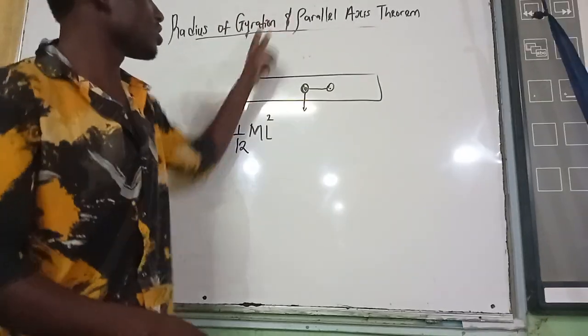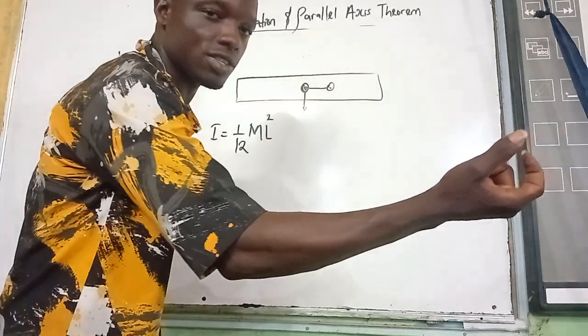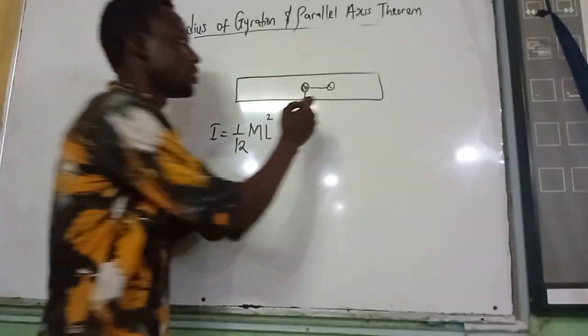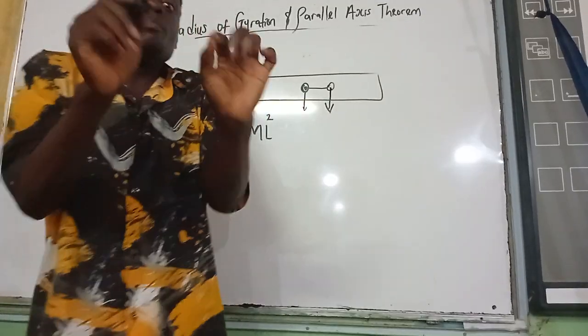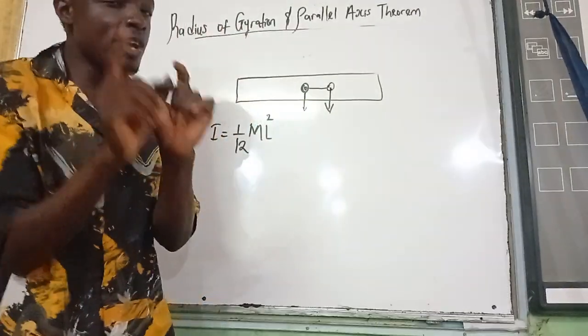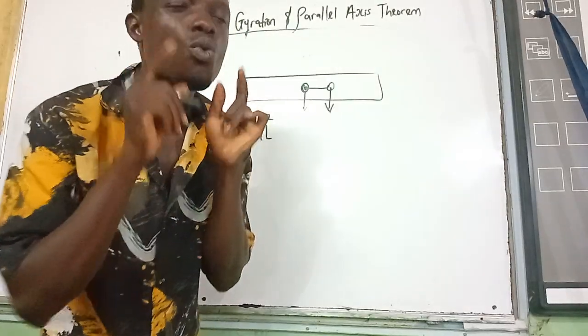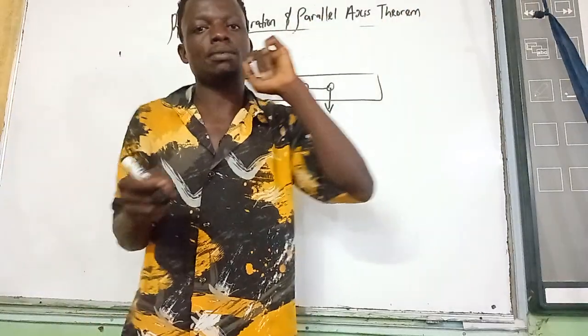Maybe as I'm rotating this thin rod about the center, I decide to shift the axis to another point different from the center, but parallel to it. Listen, the minimum moment of inertia you can ever get is when such a body is being rotated about its center.